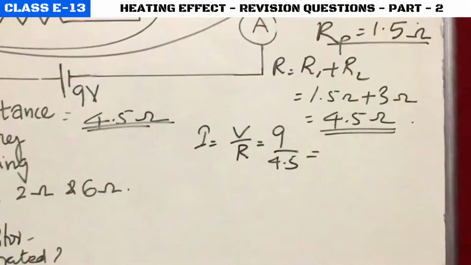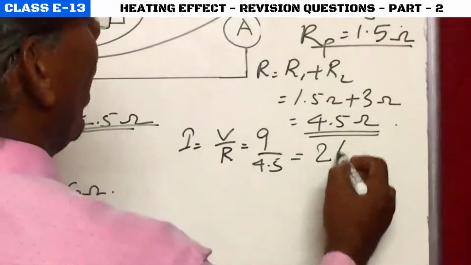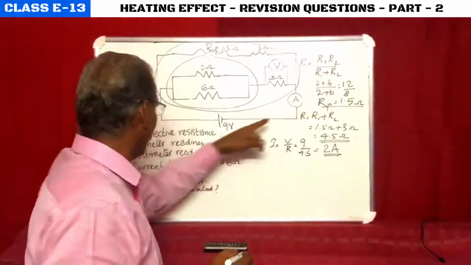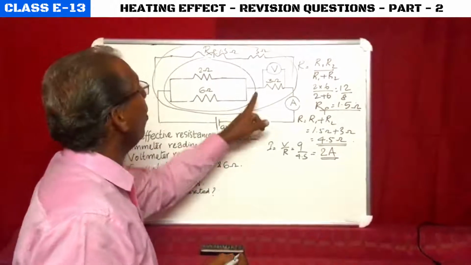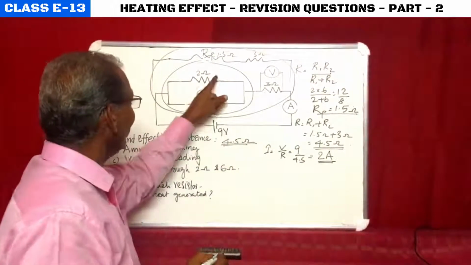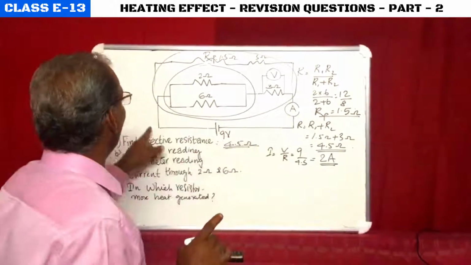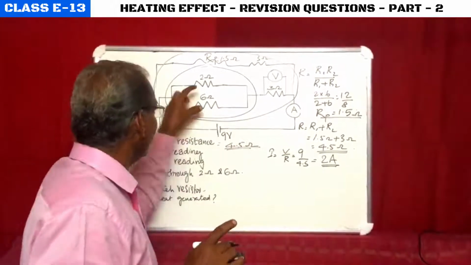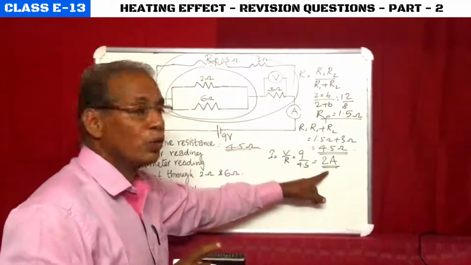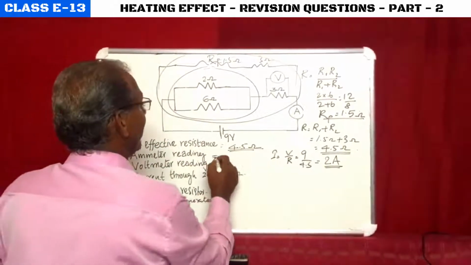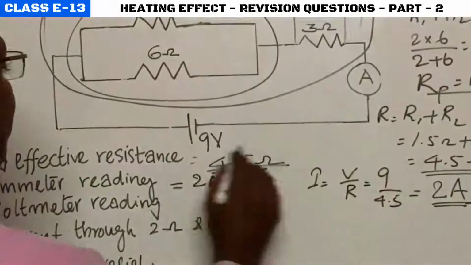What is 9 by 4.5? We get 2 ampere. So if you connect the ammeter here or here or here, wherever it is connected in this combination, we get a 2 ampere reading. So the ammeter reading is 2 ampere.